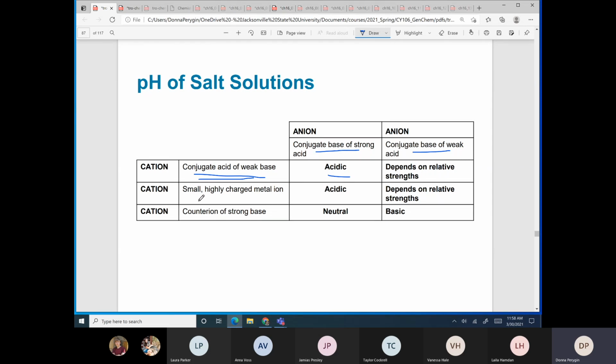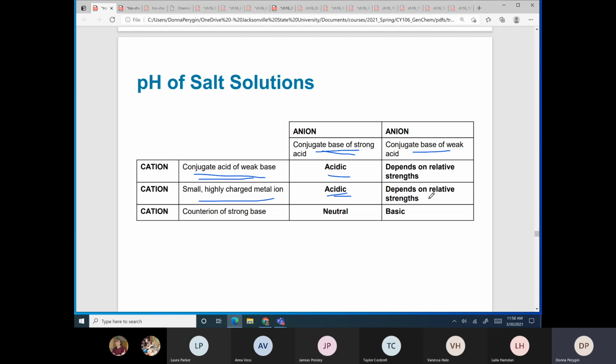If the cation is a small, highly charged metal ion like aluminum, and the anion is the conjugate base of a strong acid, then you get an acidic solution. Or if it's the conjugate base of a weak acid, then you have to look at the relative strengths, and we'll look at some examples of that in a minute.